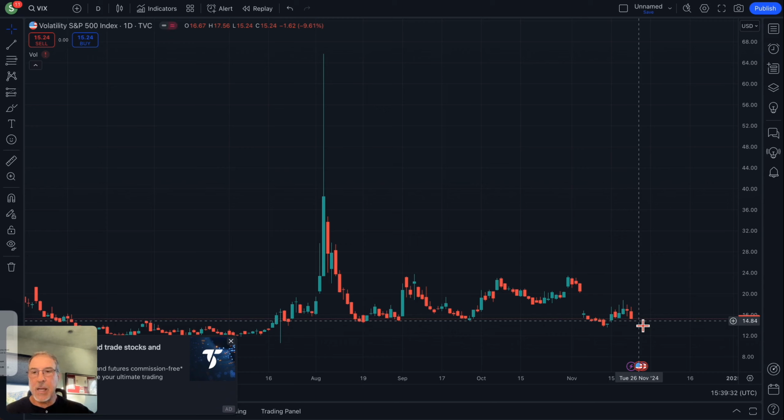People are buying insurance, buying protection against their long-term portfolios. When they do that, this volatility index increases. The fact that it has pulled back here is basically telling us there's not a lot of fear in the market. There's not a lot of people buying insurance on their portfolios right now. Therefore, the general fear in the market right now is pretty low, which more often than not tends to be a bullish sign as well.